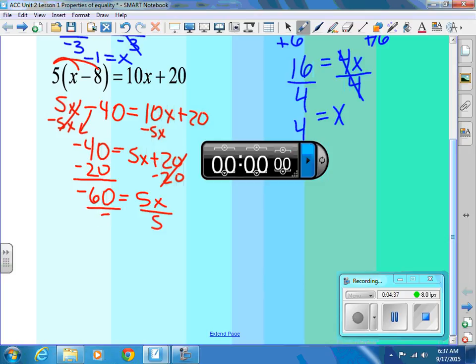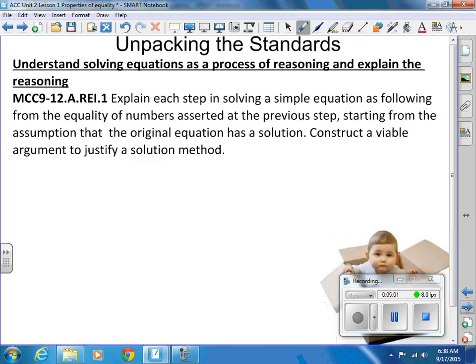We need to get rid of that multiplication, so we divide by 5 on both sides, which leaves us with 1x equals, how many times will 5 go into -60? Well, it's going to be a negative. I know that 5 will go into 50 10 times, but I need 2 more 5s with it, so it's going to be -12.